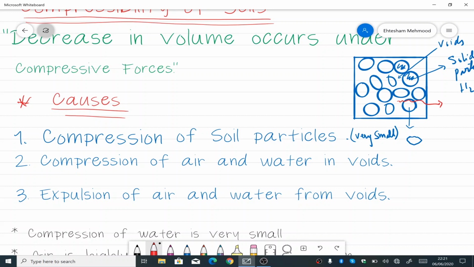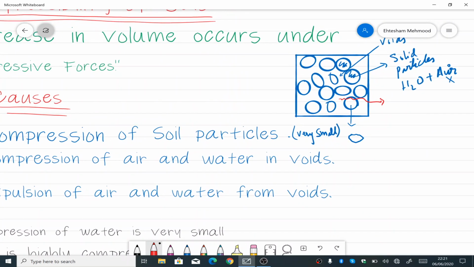We now know that air is highly compressible, so if air is present inside the voids, then it can be compressed to a very big amount. But in our Geotech 1 courses, we only deal with saturated soils, and in saturated soils we've already seen that there is no air, and we only have solid particles and water inside the voids. And when we talk about water compressibility, we know that water is highly incompressible.